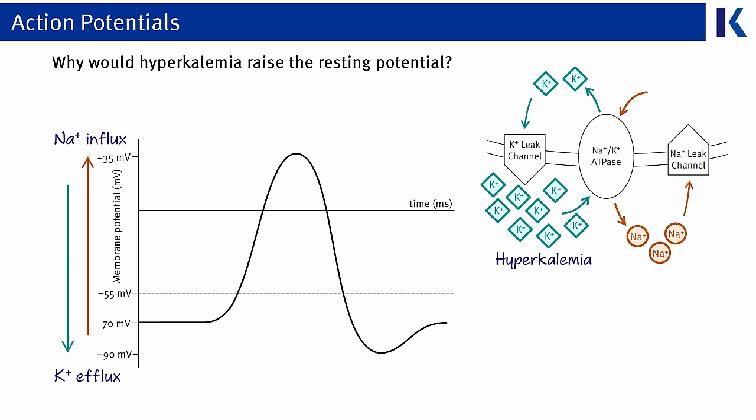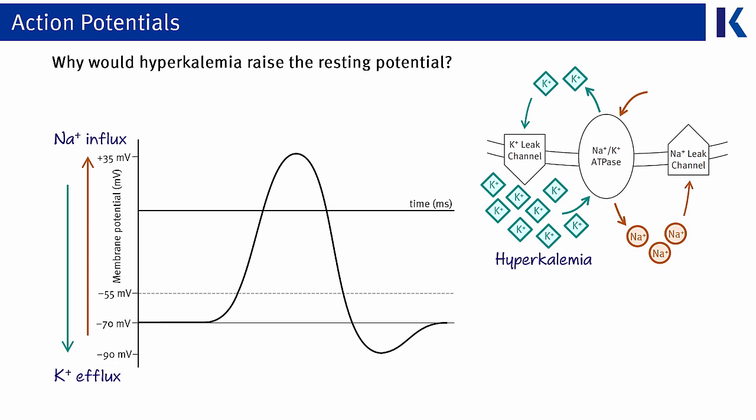To start with, we know that the resting potential is established by the slow leak of potassium cations and sodium cations. What effect would you expect hyperkalemia to have on these leak channels? Recall that potassium efflux specifically is what drives the resting membrane potential toward the negative end of the spectrum.